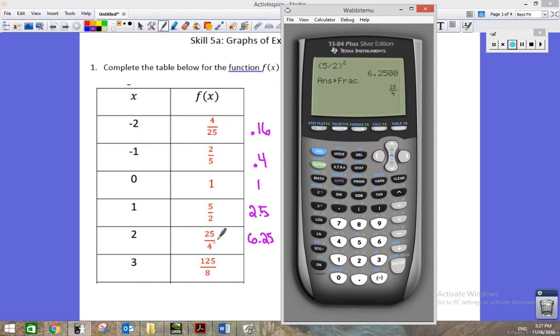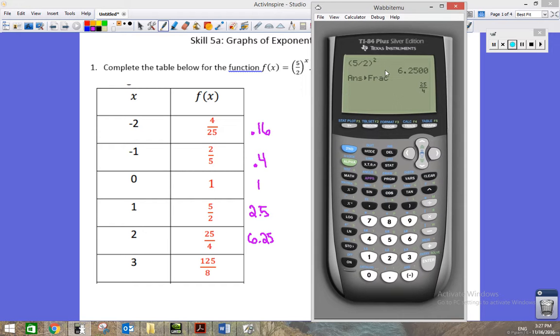So you can see the fraction 25 over 4. If I plug in a 3, well, 125 over 8. And as a decimal number, 15.625.